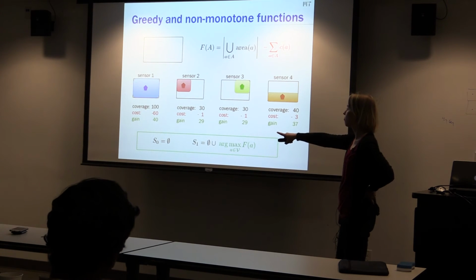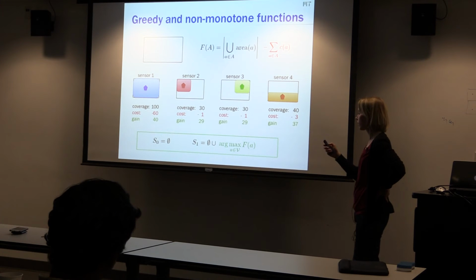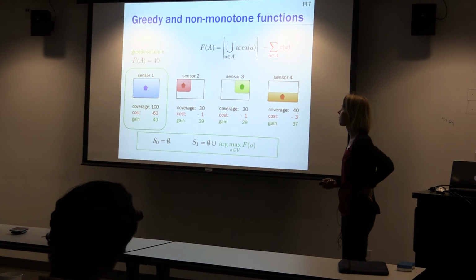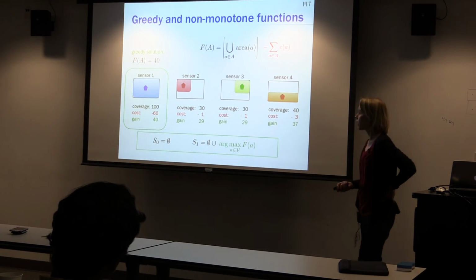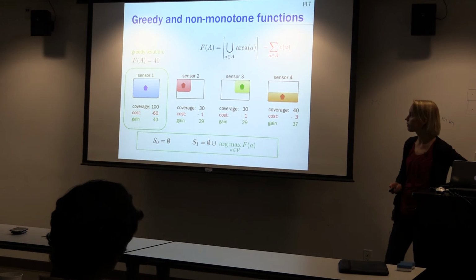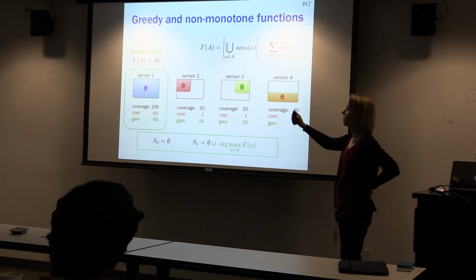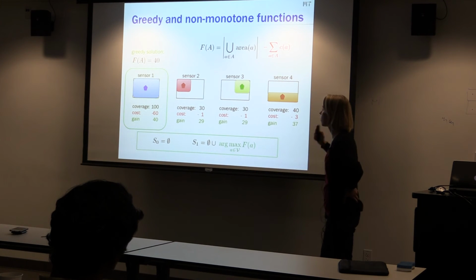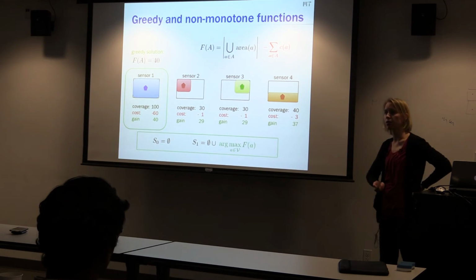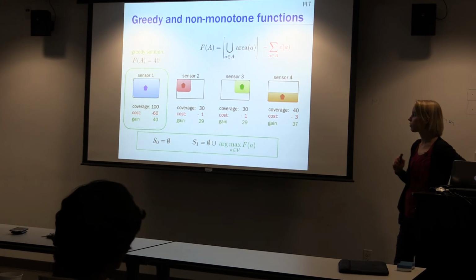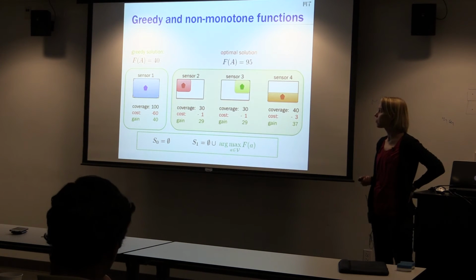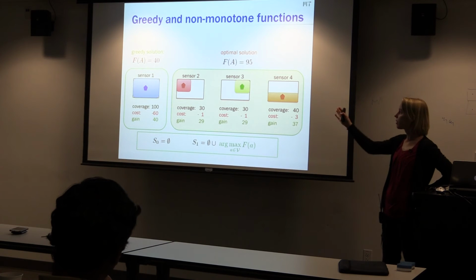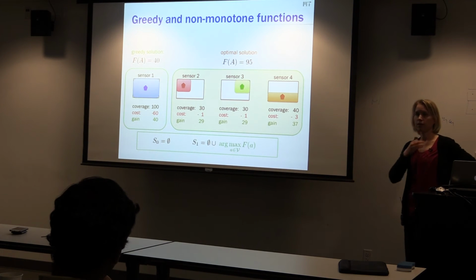Sensor 1 gives you gain 40, versus all the others give you a single gain of something smaller than 40. So we'll pick sensor 1. And at that point it stops, because anything else you'd add doesn't get you any more coverage, since you cover everything and it only costs more. So all you'll have is a decrease because you pay more and you don't get anything for it. So you'll stop. Versus the optimal solution would pick all the other ones and gets more than double the value.